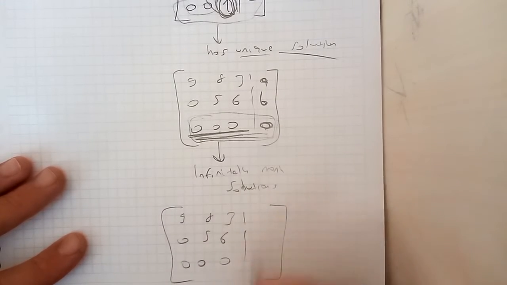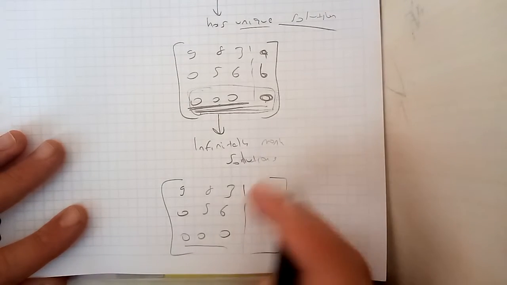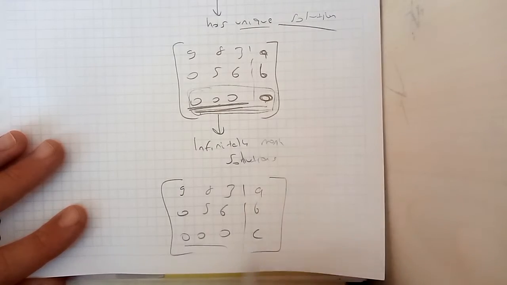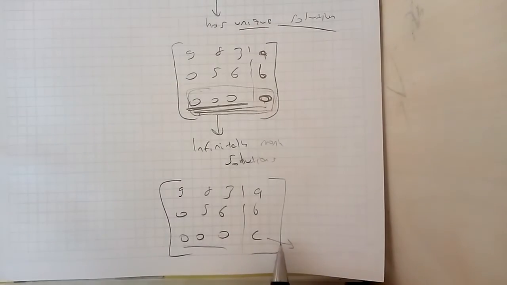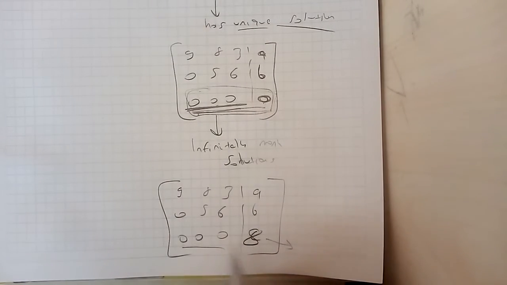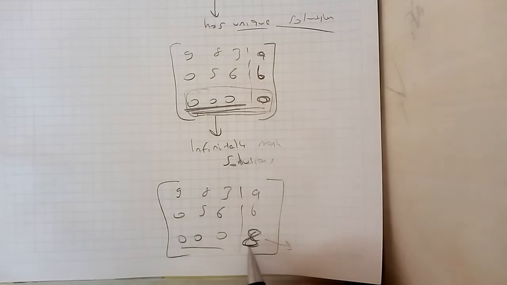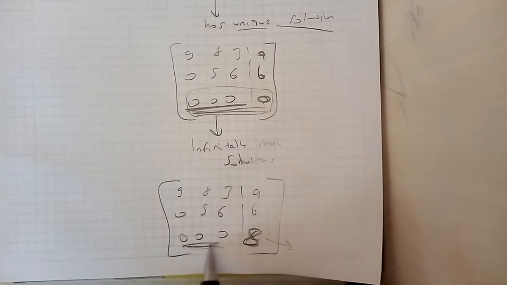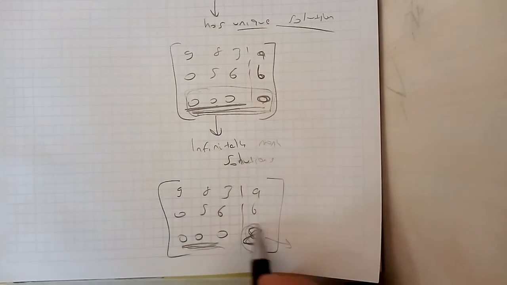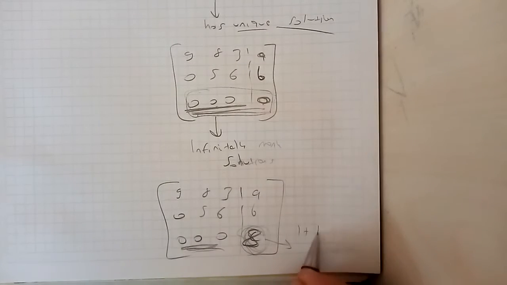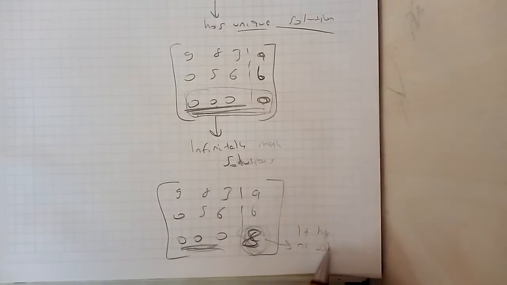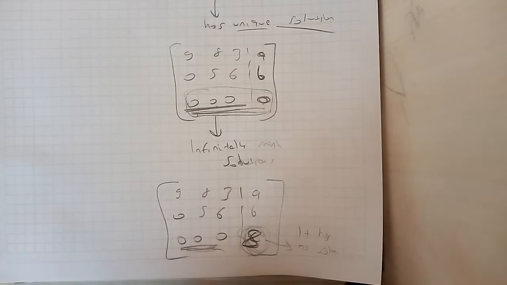Let's suppose again whole elements are 0 in the last row, and we have a number here which is not 0. Let's say it is 8. I gave an example. If whole elements are 0 and you have a number which is not 0 in the answer, you can say it has no solution, because it doesn't make any sense.